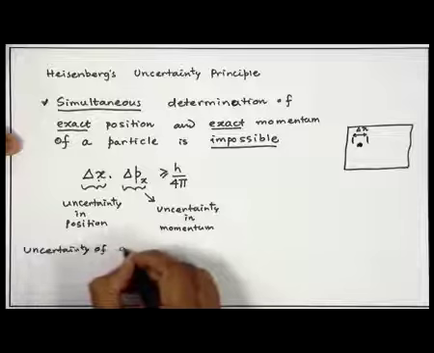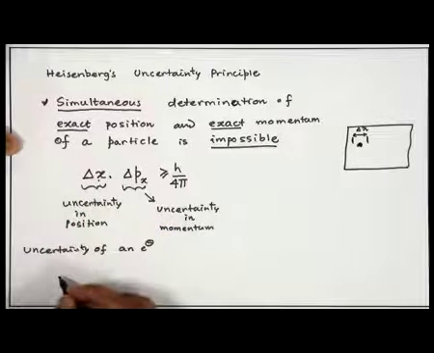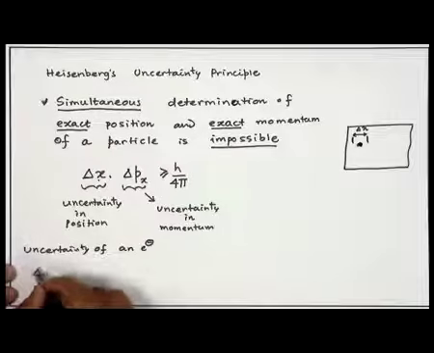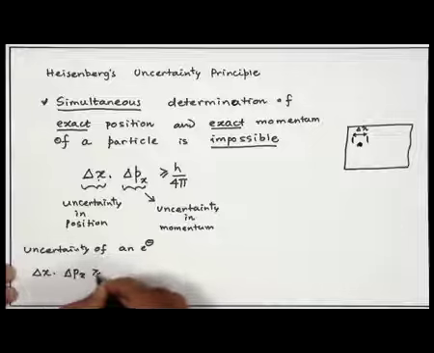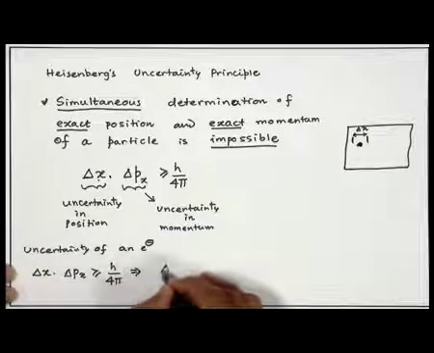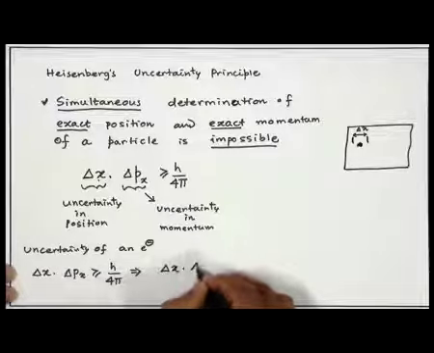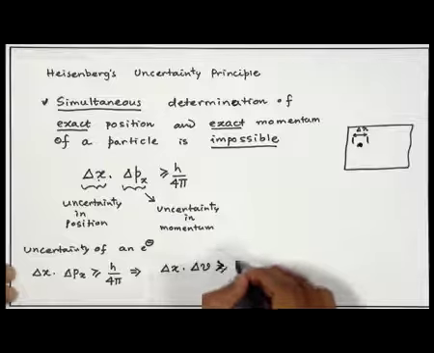of an electron. So, if I want to measure the uncertainty of an electron, I have delta x multiplied by delta p x is greater than h by 4 pi. I can rewrite it in terms of velocity, since momentum is mass into velocity.